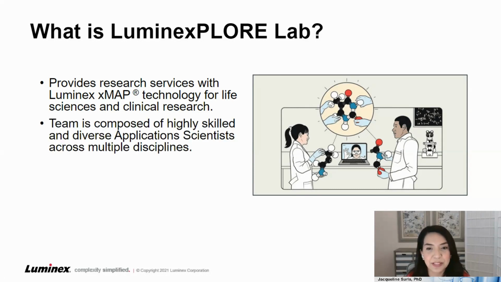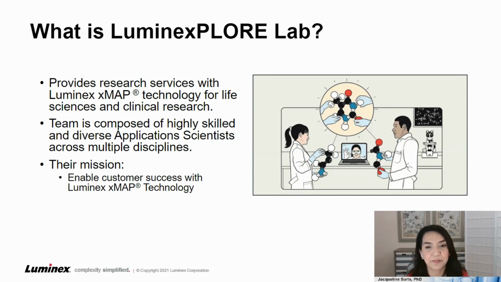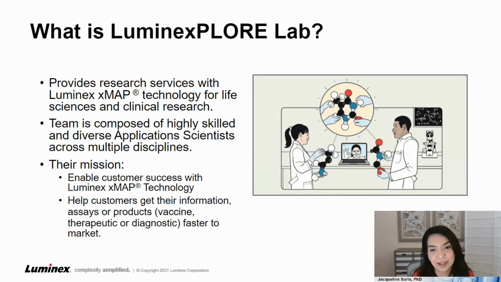Our team is composed of highly skilled and diverse application scientists across multiple disciplines. Our mission is to enable your success with our technology and to help you get your information, your assays or products, whether they're a vaccine, a therapeutic, a diagnostic, faster to market.